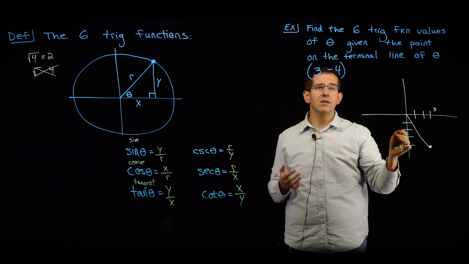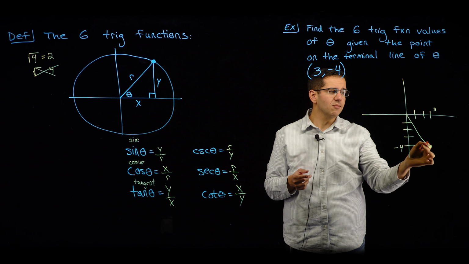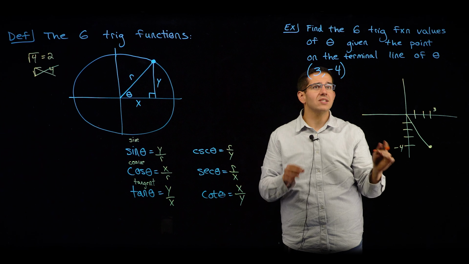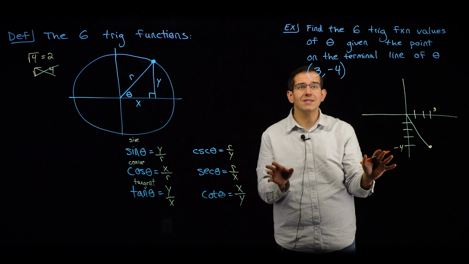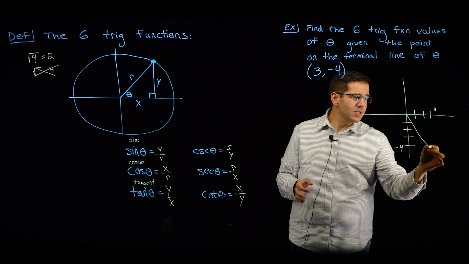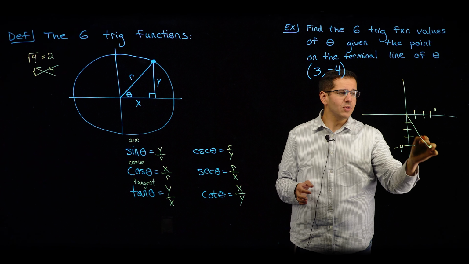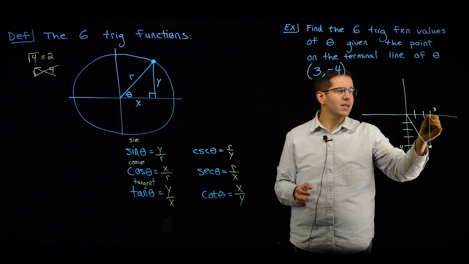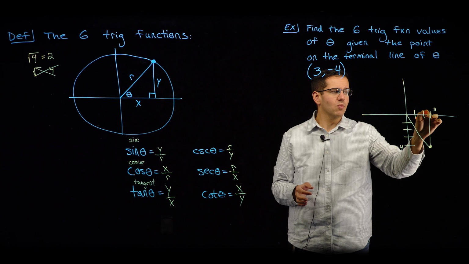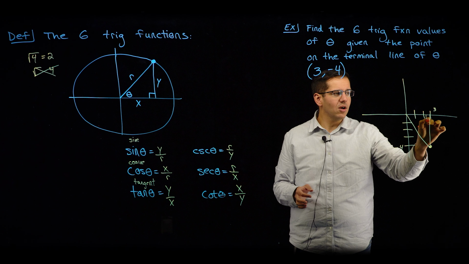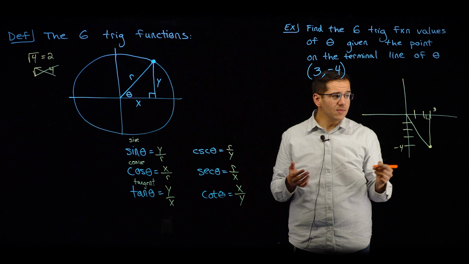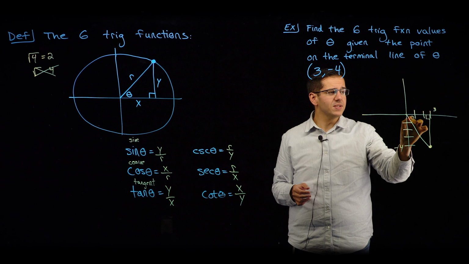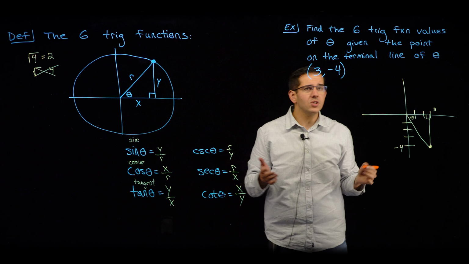And the reference angle is always found by taking your terminal side and connecting it to the closest part of the x-axis, which means we take this terminal side that we just constructed and connect it to the closest part of the x-axis, which is right here, to create a right triangle. This will give us a reference angle to theta, which is all we need.